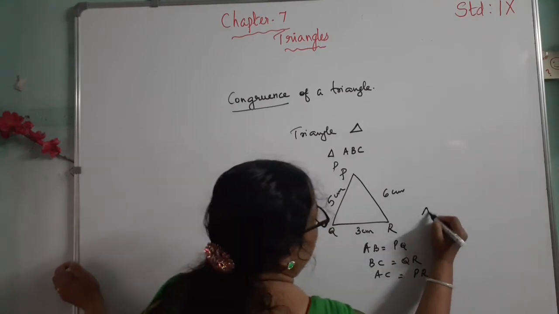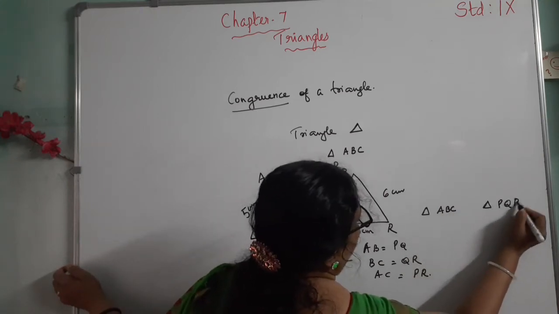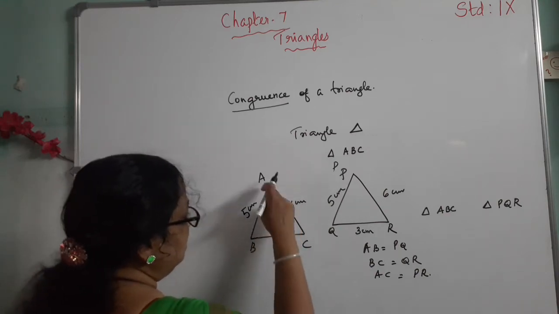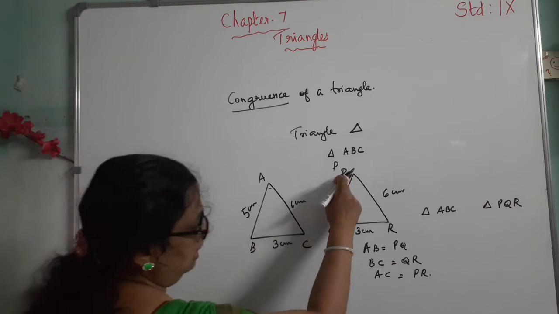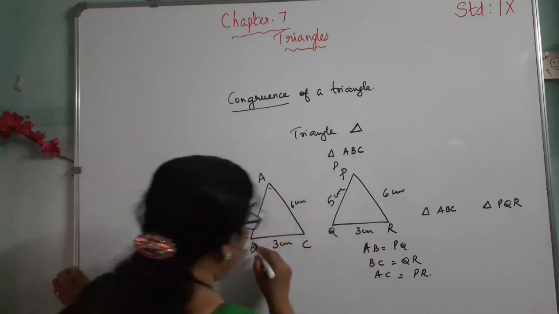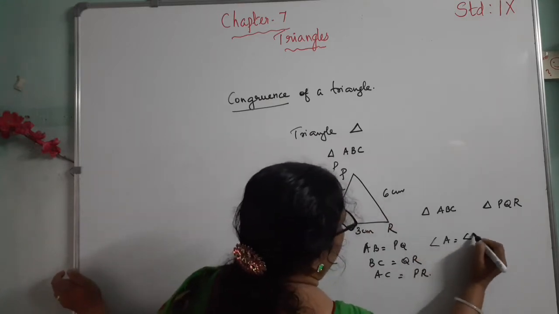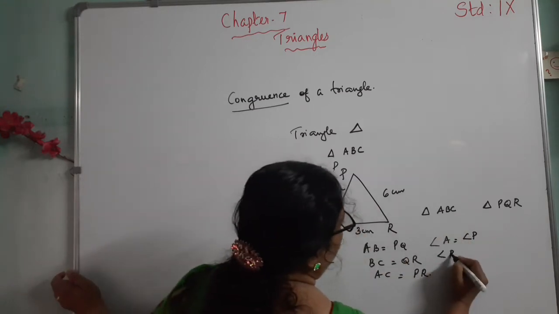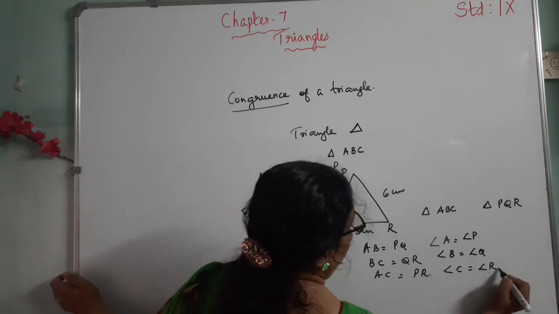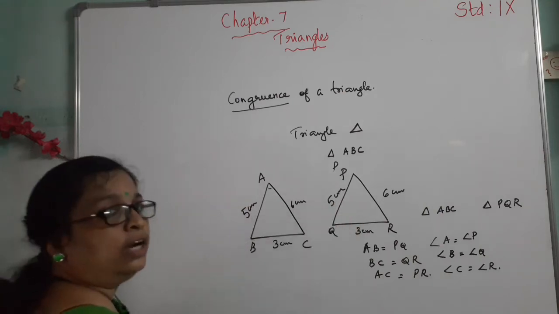In triangle ABC and triangle PQR, the 3 sides are equal, so the angles are also equal. That is 5 centimeter and 3 centimeter here, and here also 5 centimeter and 3 centimeter. This angle Q is equal to B and A is equal to P. That is, angle A equal to angle P, angle B equal to angle Q, and angle C equal to angle R. All these sides are equal and angles are equal, so these 2 are congruent to each other.